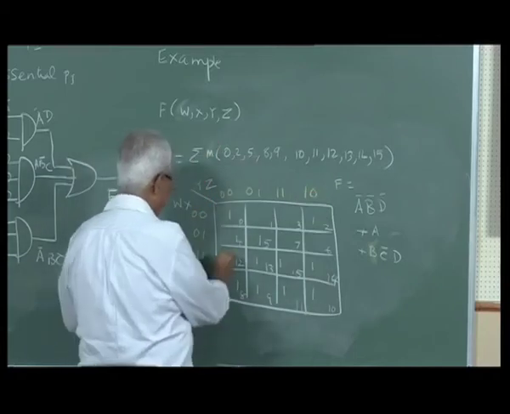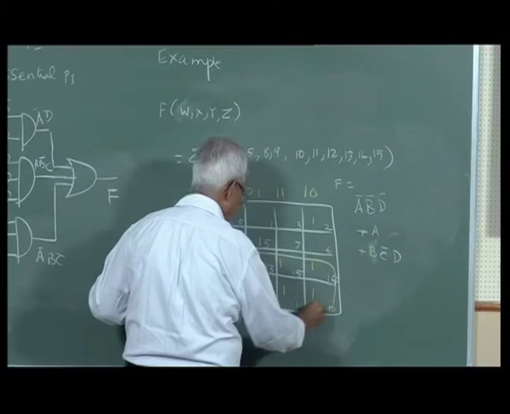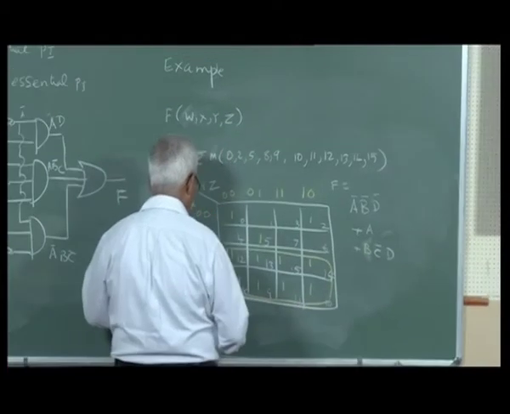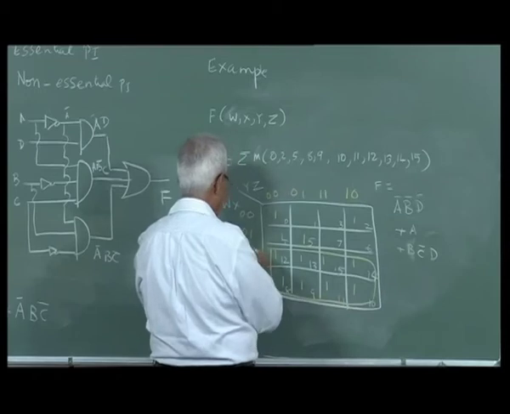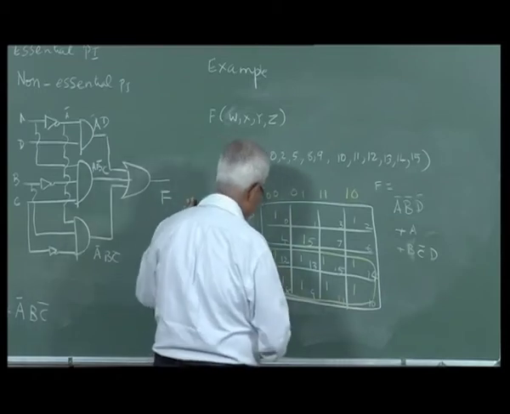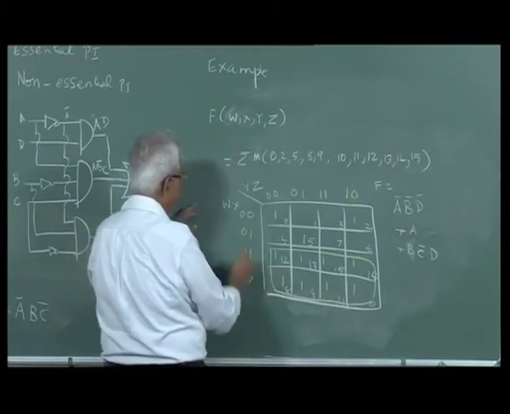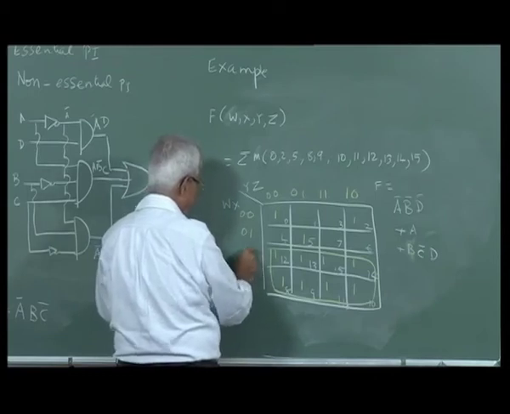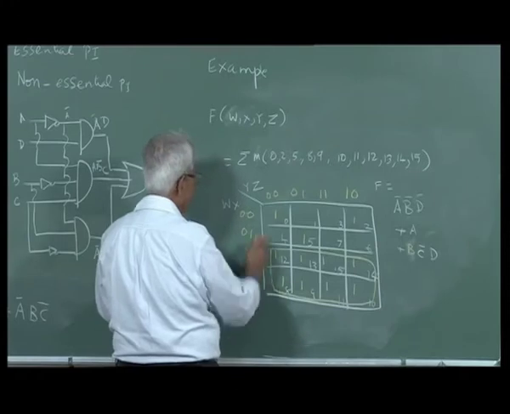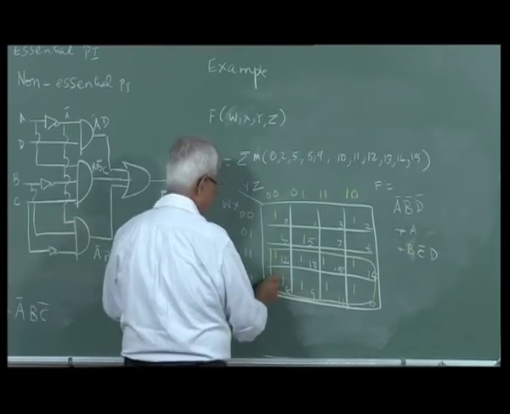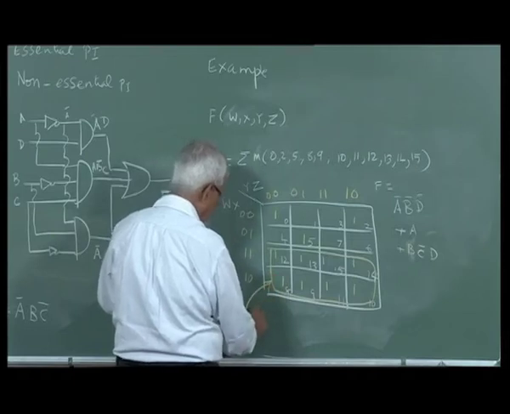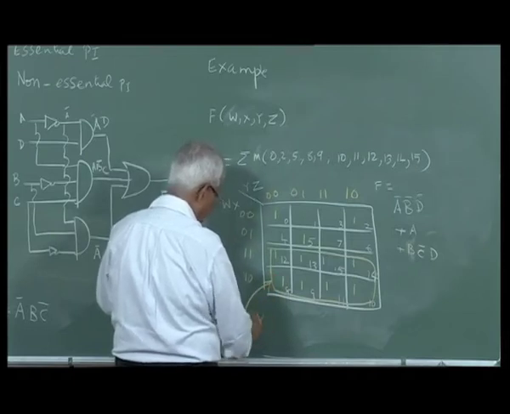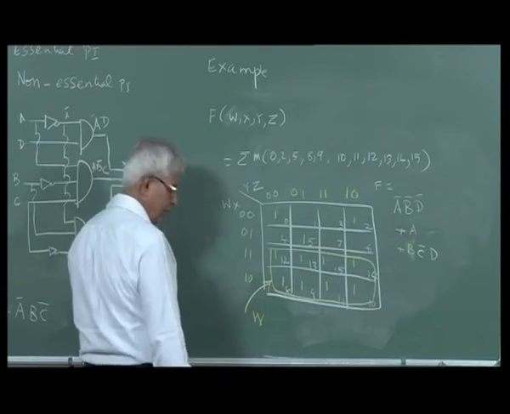So this is one big group, an EPI. You called it A, I call it W, that doesn't matter. I got W, X, Y, Z, because W is 1, X changes, Y changes, Z changes. So this is W, or A. You called it A, I call it W. Doesn't matter.